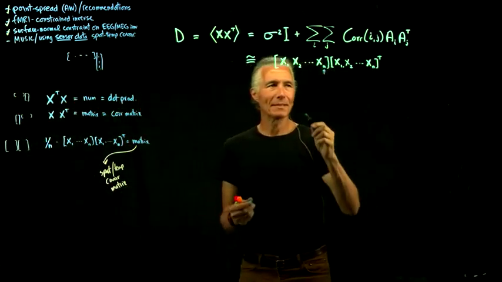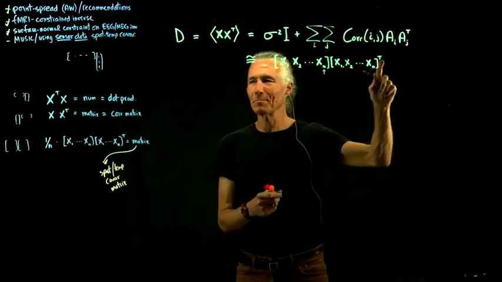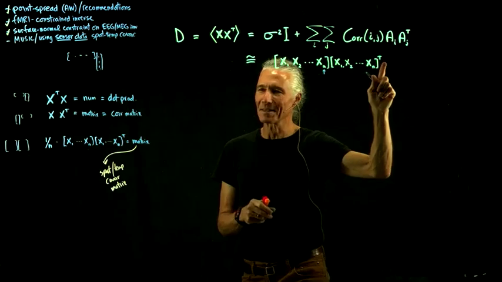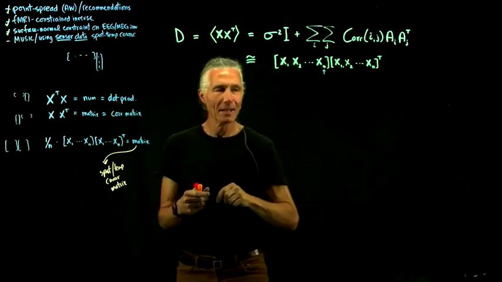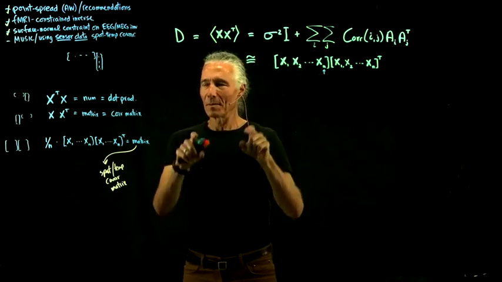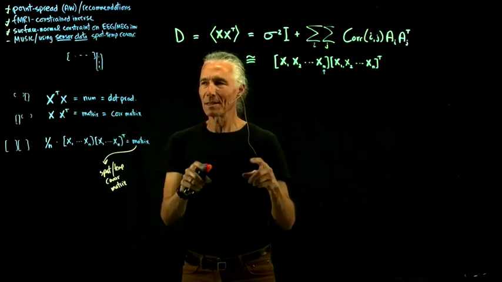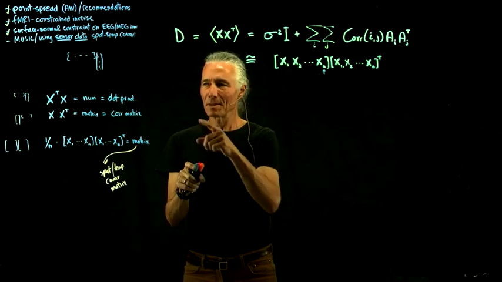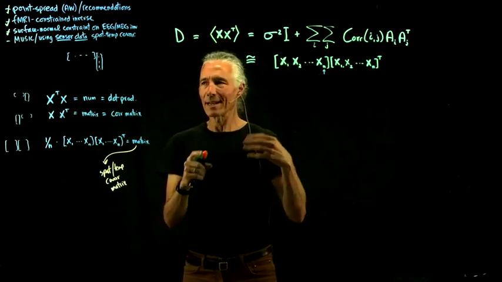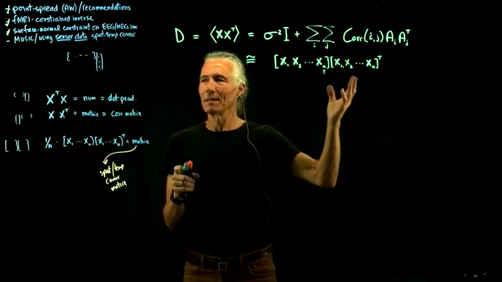There's a typo in the paper. The typesetters forgot to put the T in there, but you can add that T in. All this means is just take a time point, multiply all the different sensors times each other, including the sensors times themselves. Do it again and again and again. Divide by the total number of time points you have.